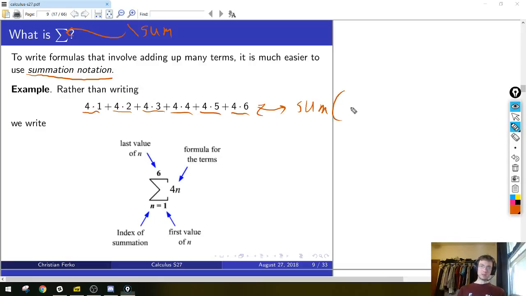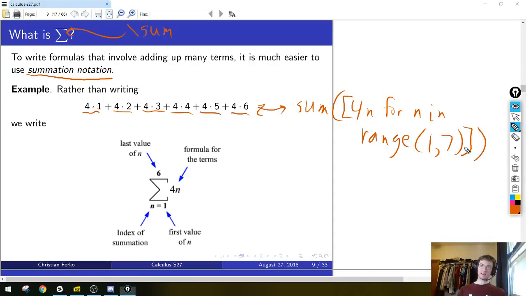In Python, I guess you would say something like sum for n in range, you would have to do 1 and 7 because of Python, but you see what I'm saying. Is there an easier way to write this that tells the reader, rather than having to look at this and guess the pattern, that it's 4 times each integer, that just makes it explicit, right? It's 4 times each integer from 1 to 6.